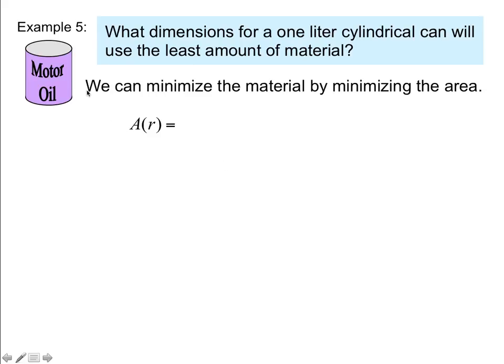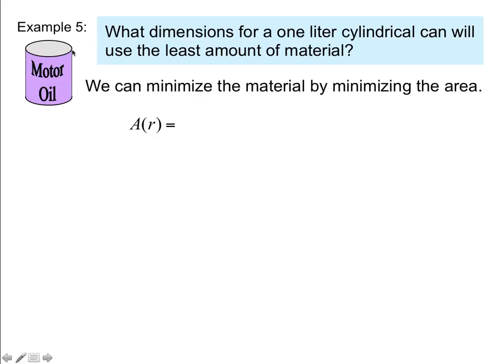So let's talk about setting up this optimizing function. If you remember from geometry, the soup can sort of shape is a cylinder, and its surface area is the top and the bottom plus this curved surface.